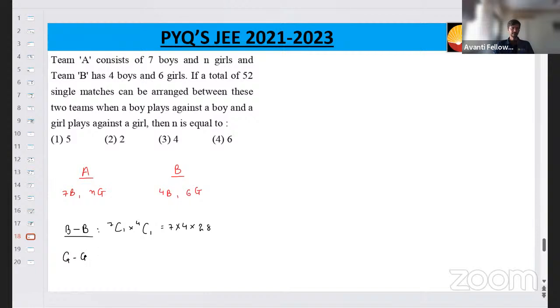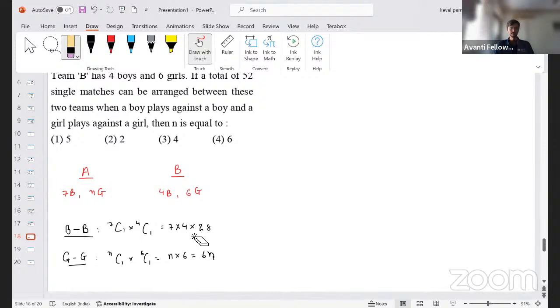If girls play against girls, then we have to select one girl from n and one girl from here. So we get n into 6, which is basically 6n. Sorry, here equal to will come, right?